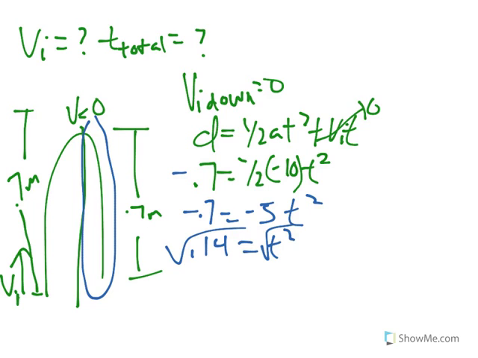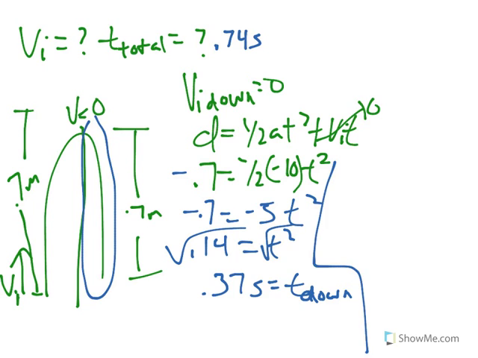Take the square root, and we get 0.37 seconds equals t. Now that's the time down, right? So the total time would be 0.74 seconds, because that would be the time it takes to go up and come back down. Remember that time up is equal to time down.